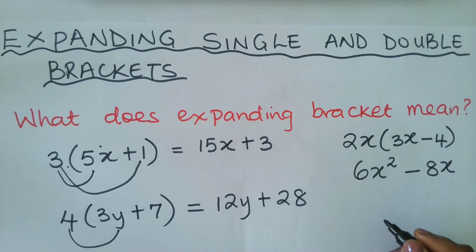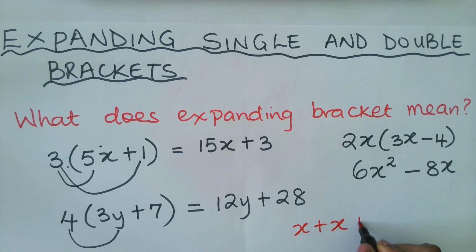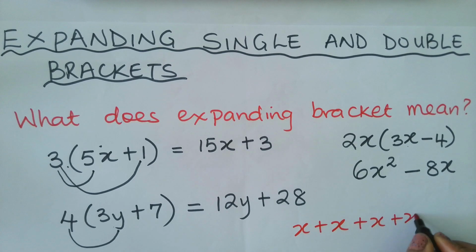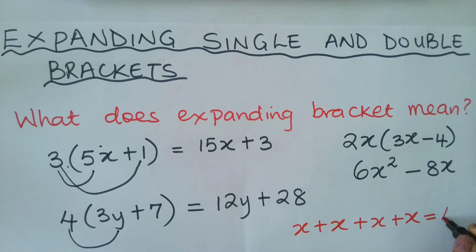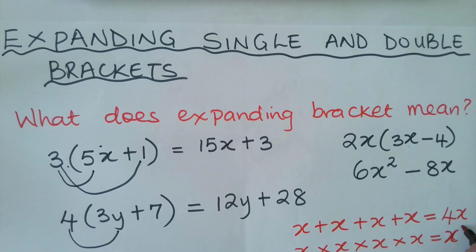Now in my previous video I mentioned that when you've got x plus another x plus another x, that means we've got 4 x's, which is 4x. Now when we multiply x by x by x by another x, that is 1, 2, 3, 4, that means x is all to the power of 4.